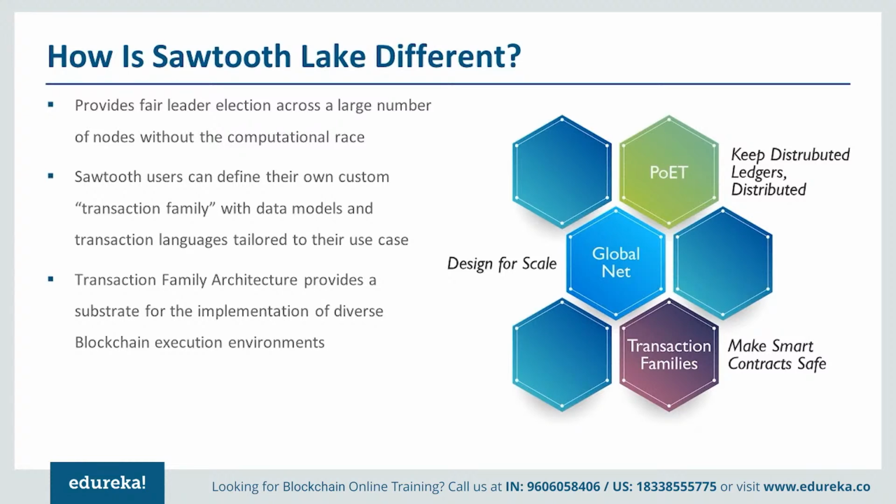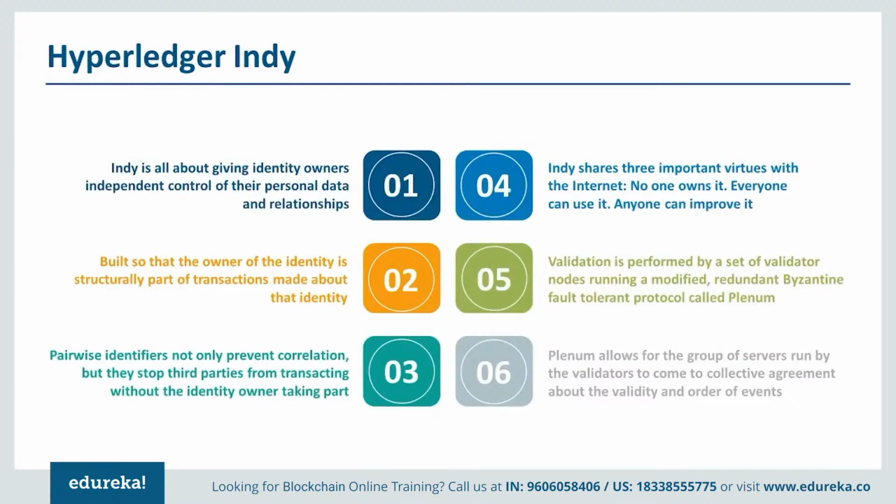Hyperledger Indy, as I mentioned, is basically for identity-based solutions. Identity is one of the critical use cases for blockchain implementation, and Indy is designed to store different kinds of identity, be it your educational credentials or your identity-related credentials like your birth certificate, your passport, etc. All these things are easily incorporated in Hyperledger Indy.